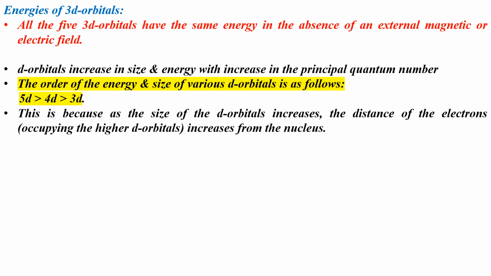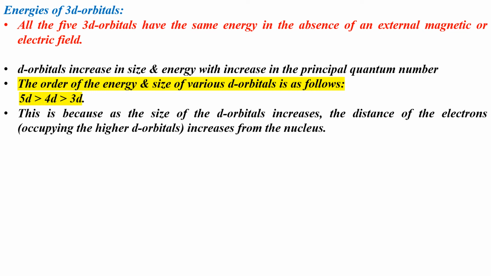Such orbitals of the same subshell having equal energy in the absence of external magnetic or electric field are called degenerate orbitals. So all the five 3d orbitals are degenerate since they all have the same energy.